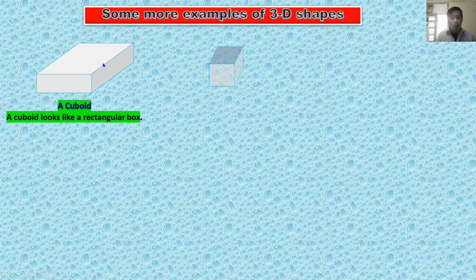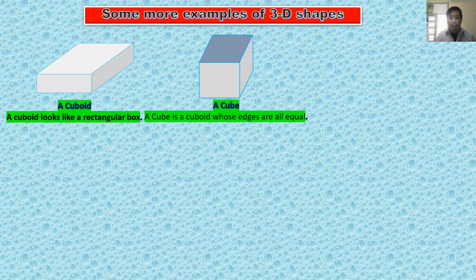So next we have a square type of thing, and when the square has its height, then it is called a cube. So this is a cube, and a cube is a cuboid whose edges are all equal. All the edges are equal. See, these are edges, isn't it?